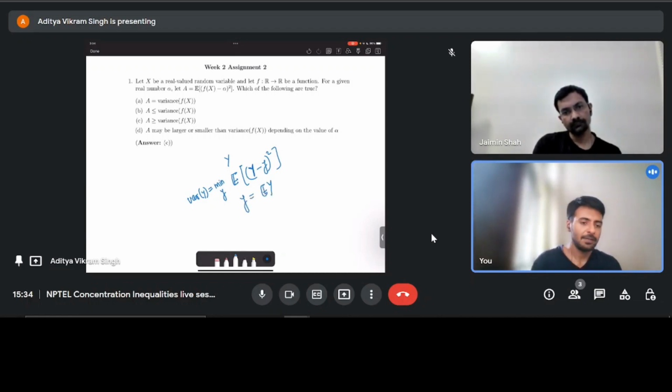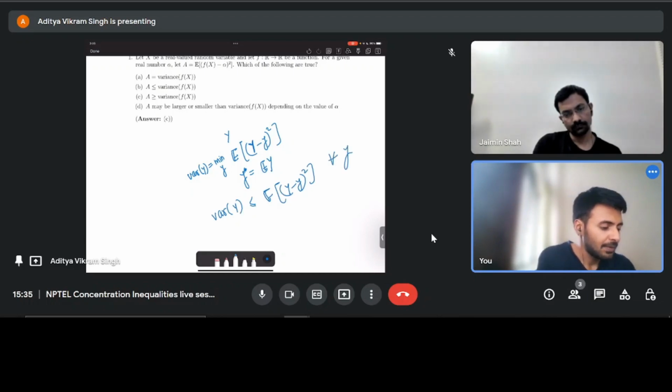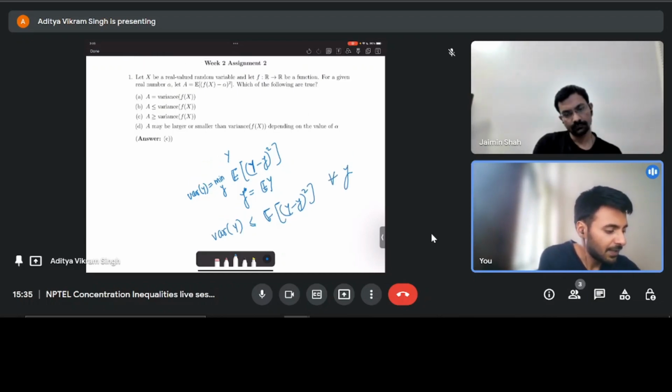So if you don't see y, the best estimate is just the expected value of y, and that gives y star here. This is the best possible mean squared error. But if you just want some upper bound and you don't care about the exact thing, you can take any y, and this will hold true. This holds for all possible y's. If you take any arbitrary y, your mean squared error would be greater than the variance of y.